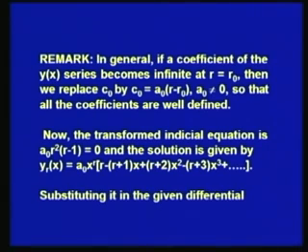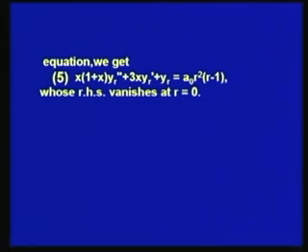Substituting this series for y_r(x) in the given differential equation, we get x(1+x)y_r'' + 3x y_r' + y_r equal to the indicial term A0 r²(r-1), because y_r satisfies all the recurrence relations except the indicial equation, which was C0 r(r-1) = 0 and changed into A0 r²(r-1) after we had chosen C0 = A0 r.